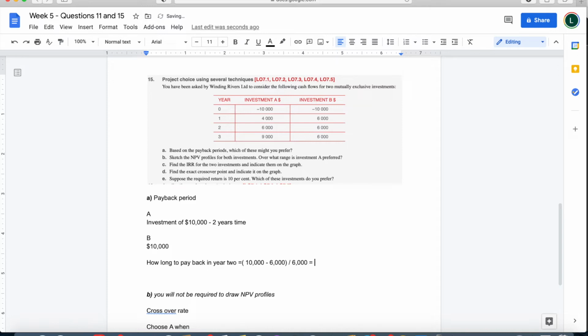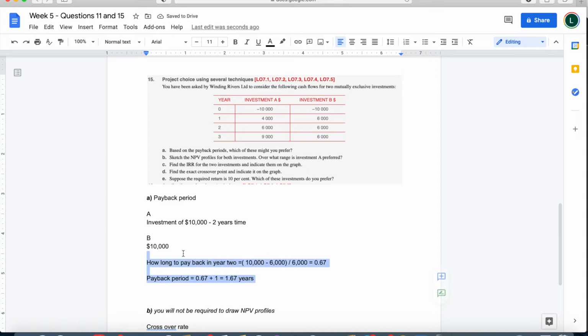So that's just 4,000 over 6,000, which equals 0.67. So payback period equals 0.67 for year 2, and we've also got year 1, which equals 1.67 years. It's surprising how many people actually don't get that correct in the exam, so they are some super simple marks.